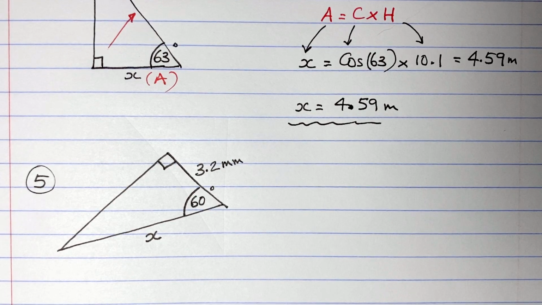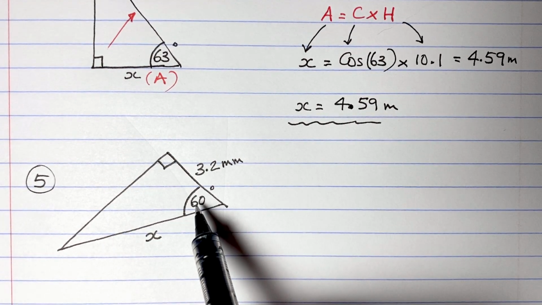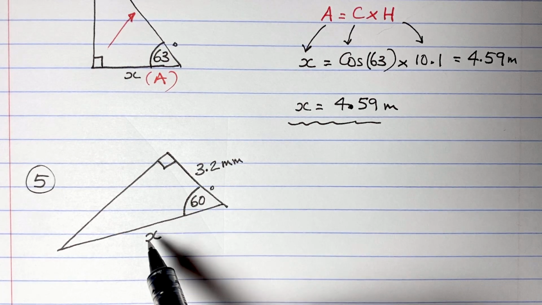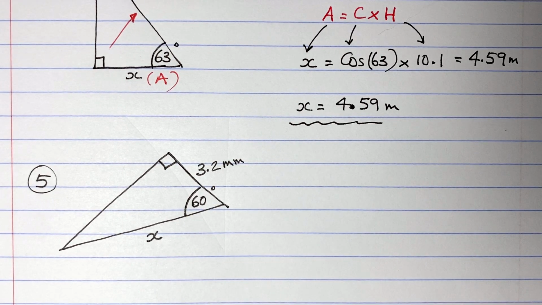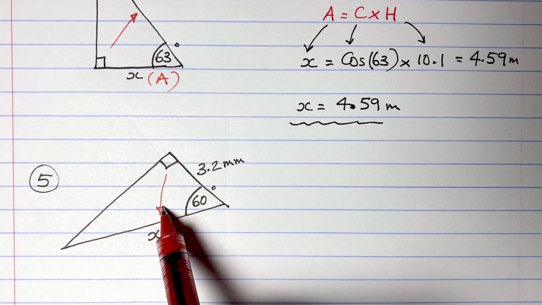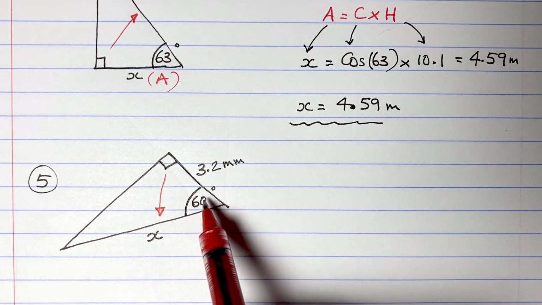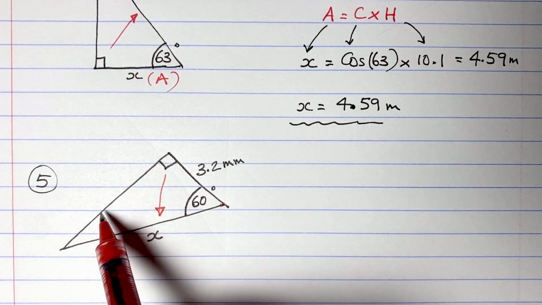Okay, we got a right angle triangle, an angle given. One side is given, the other side is needed. Let's label. Opposite to the 90 degrees, trace the arms of the angle. One arm ends here, one arm ends here.